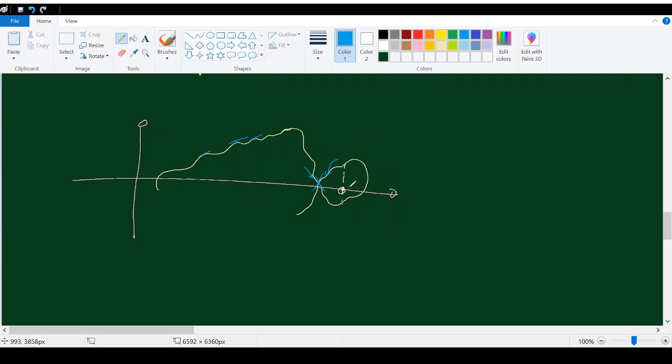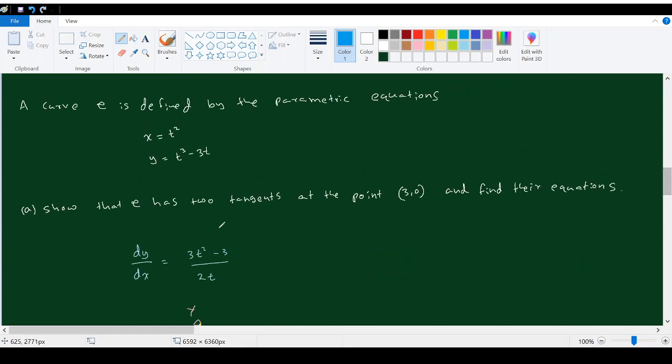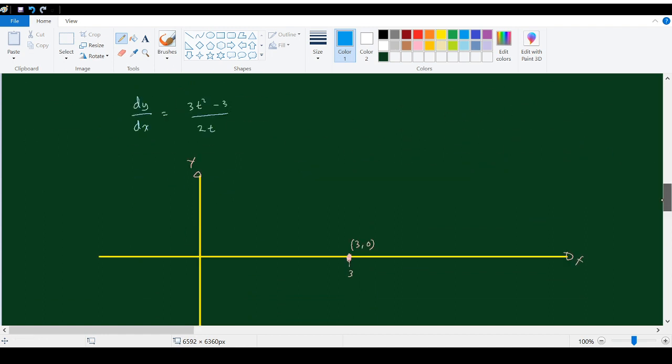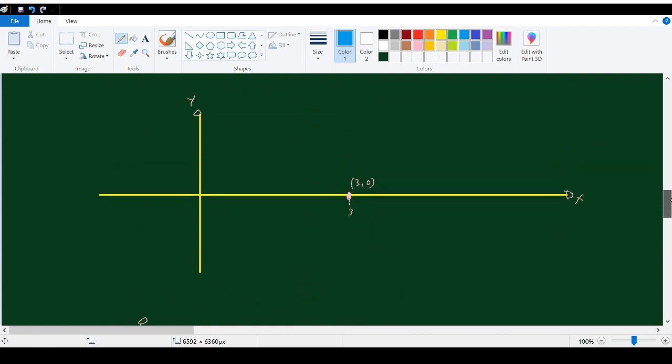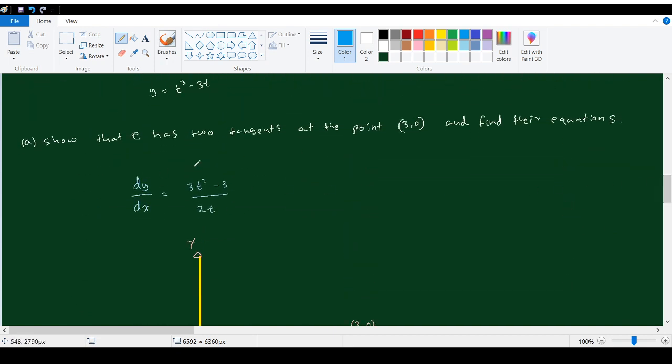And also if we choose a point like this, since you have two y values for this x value, you will get two tangents. So the existence of two tangents is possible when you have some weird shapes like this. You have to clear that up in the beginning. Now we have to show that it has two tangents, and also we have to find the equations.